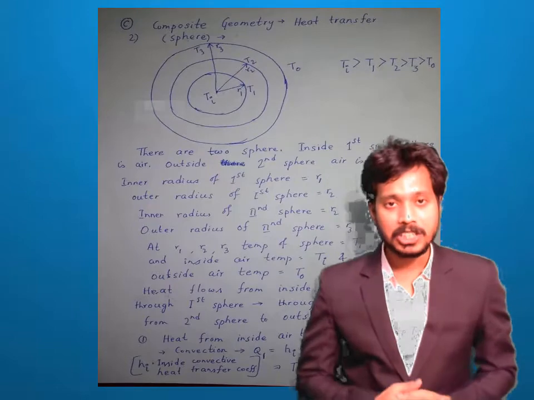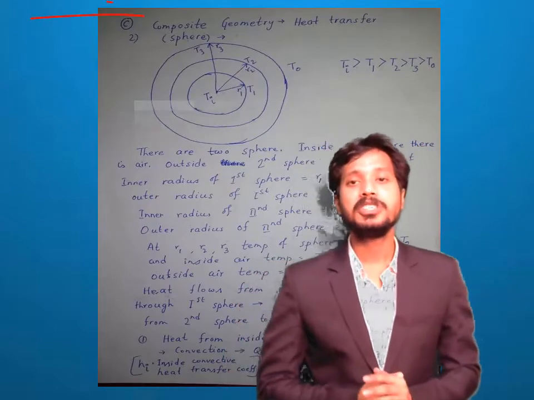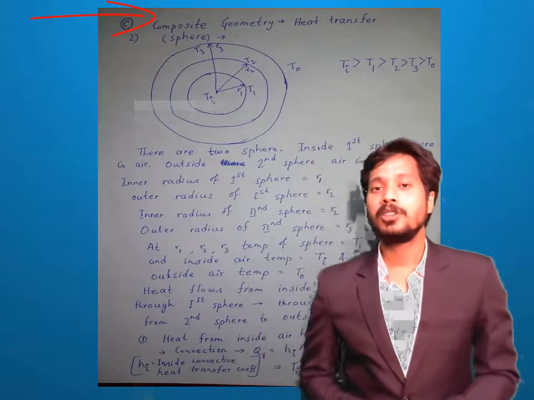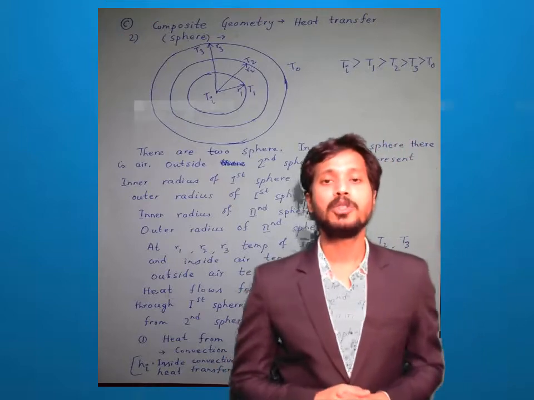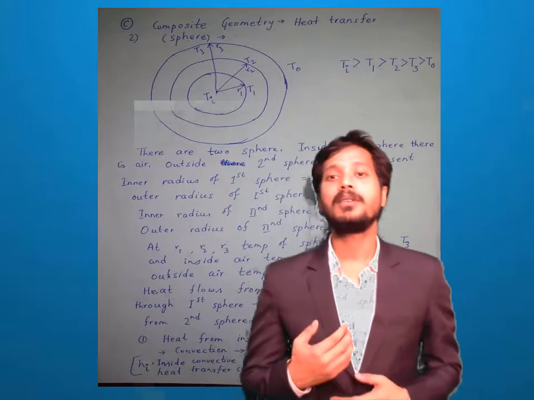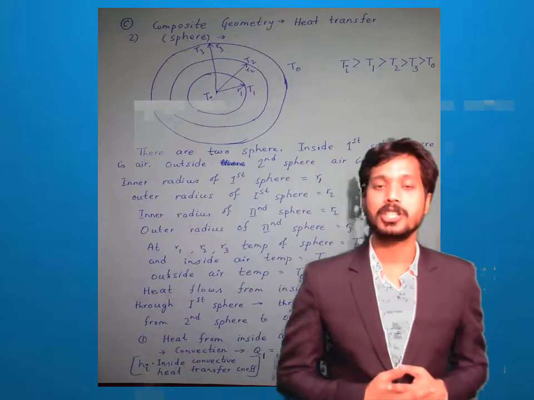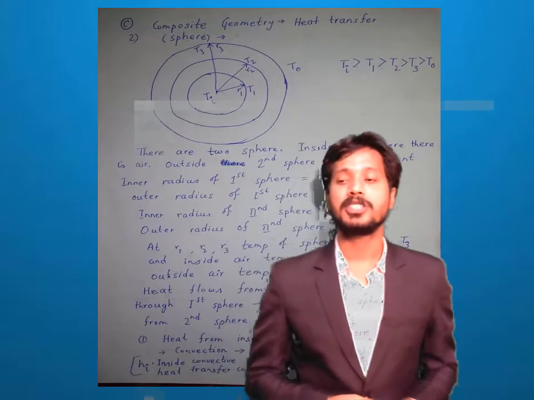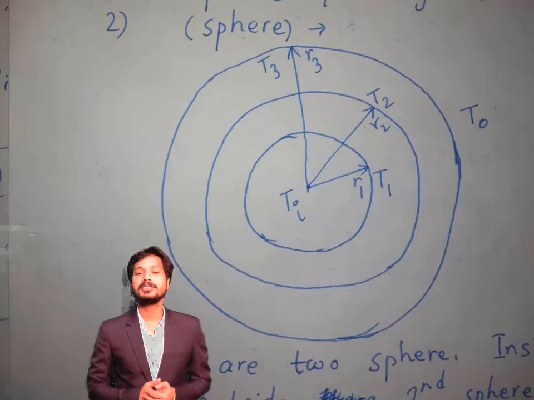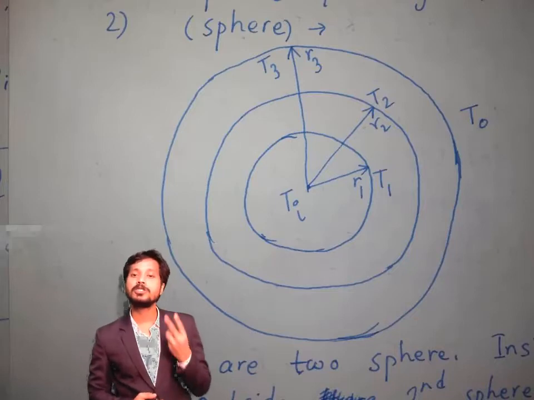Now today we'll start the composite geometry of a spherical body, the amount of heat transferred through a composite sphere. For this, again we have to visualize the picture. Here you can see the diagram. You have two spheres.